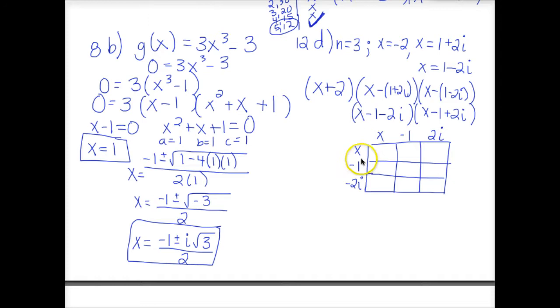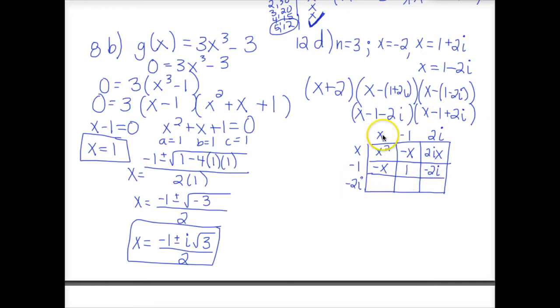So now row times column, x times x is x squared. Here, x times negative 1 is negative x. This gives me a positive 2ix. Second row, negative 1 times x is negative x. Negative 1 times negative 1 is positive 1. Negative 1 times 2i is negative 2i.